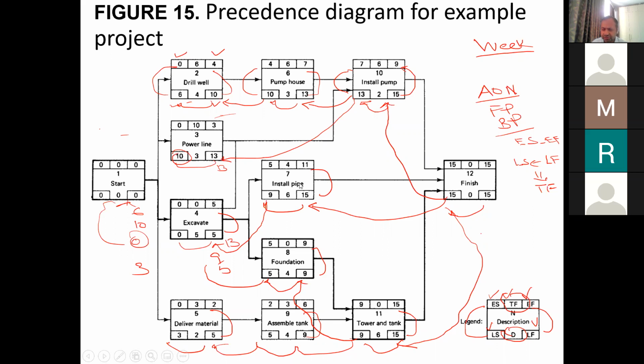I don't know what is the nature of the work, but maybe one can say that installation of the pump will only be good after the installation of the pipe. Therefore there should be a finish to finish relationship between the install pump and the install pipe, so that installation of the pump will not finish before the installation of the pipe.